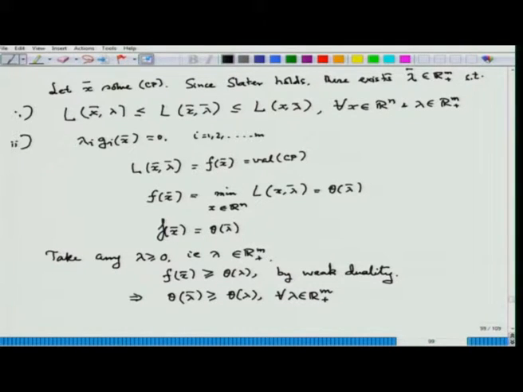It shows lambda bar maximizes theta over Rm plus, just by the definition of a maximum. And so the value of the dual problem is theta of lambda bar. So, f of x bar, which is the value of the primal problem CP, is the same as theta of lambda bar, which is the value of the dual problem DP, and that is exactly what strong duality means.